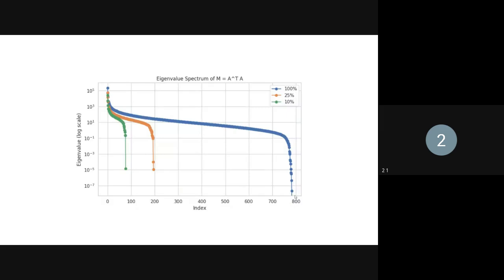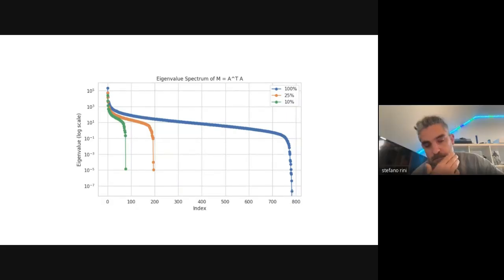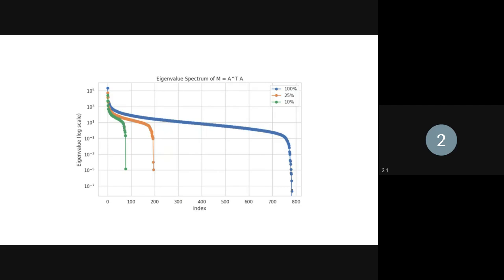It's almost equal to 0 here. And the 20% and 10% matrices have a more compact spectrum, which is consistent with their smaller condition numbers and better stability.